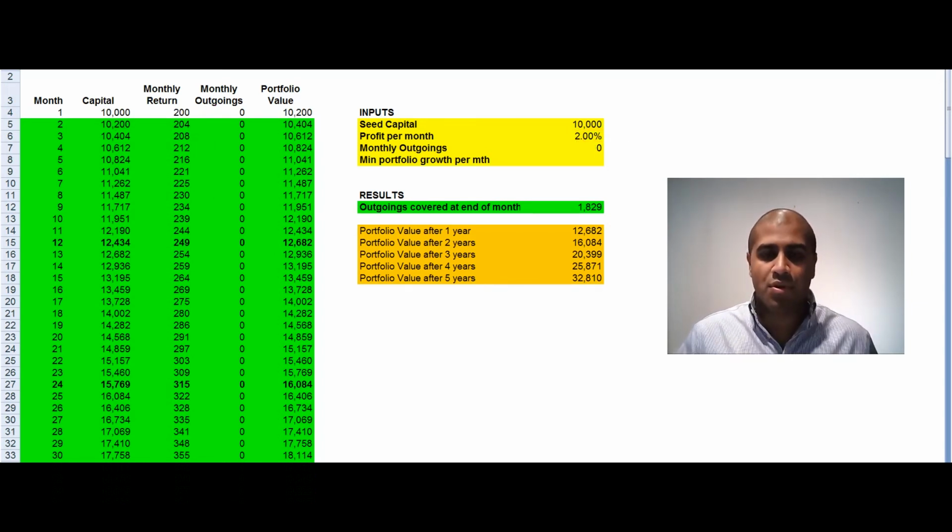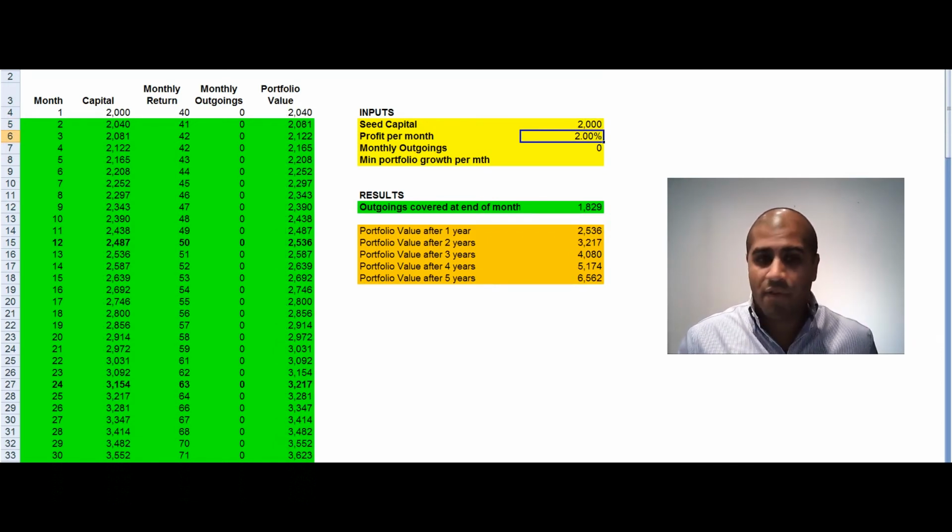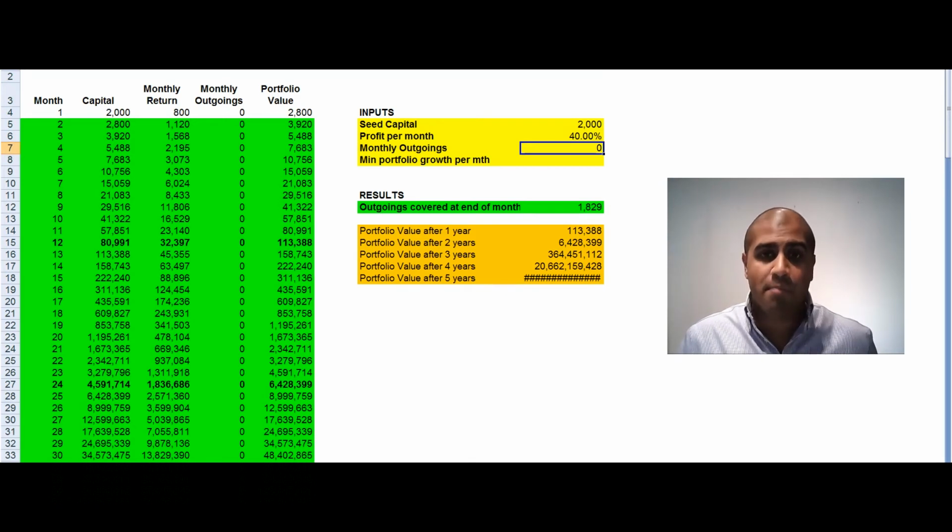Now, this is really important to understand because too often we speak to traders on a one-to-one basis, and a lot of people come onto the trading floor starting with, let's say, £2,000 in their trading account, fine, but they're going for a 40% return per month because they've seen someone else say they can do that or promise those kind of returns.